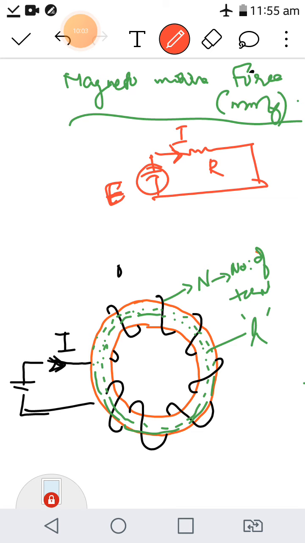So first of all, you need to understand the meaning of a magnetic circuit. The definition: the complete closed path followed by any group of magnetic flux lines is called a magnetic circuit.